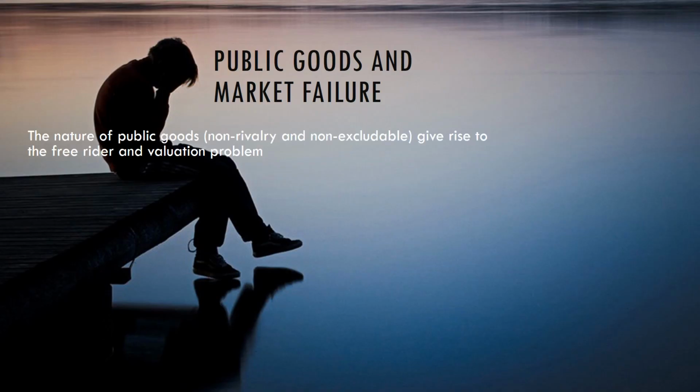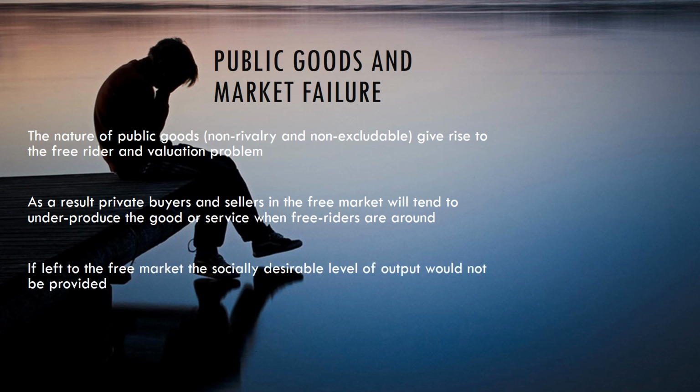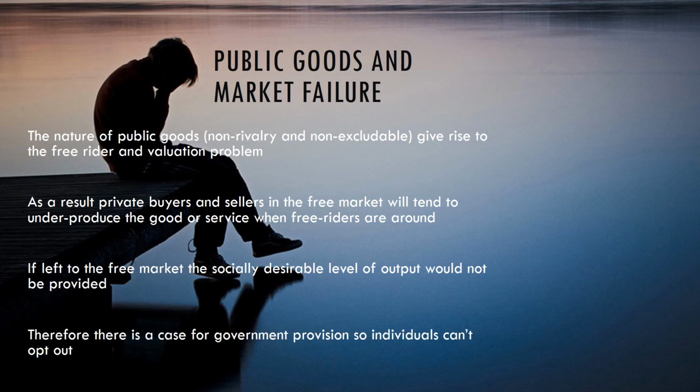So to recap, the nature of public goods gives rise to the free rider and the valuation problem because we can't exclude people and it's not being used up. As a result, private buyers and sellers in the market will tend to underproduce the good or service when free riders are around, or maybe not produce the good or service at all. So if left to the free market, the socially desirable level of output would not be provided.